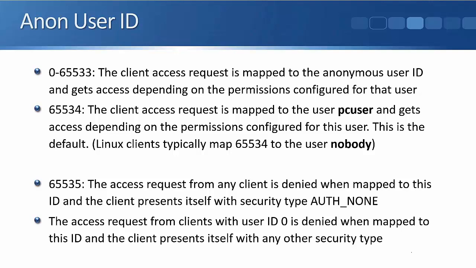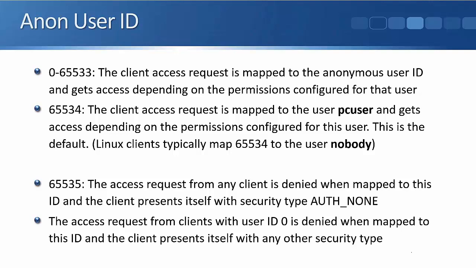That's why it's called PC user. If you do use user ID 65534, then again, the client will get access depending on the permissions configured for that user ID. If you enable the anonymous user by using the none security type, then anonymous users will by default be mapped to user ID 65534.